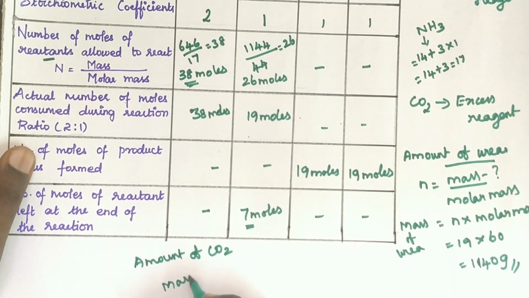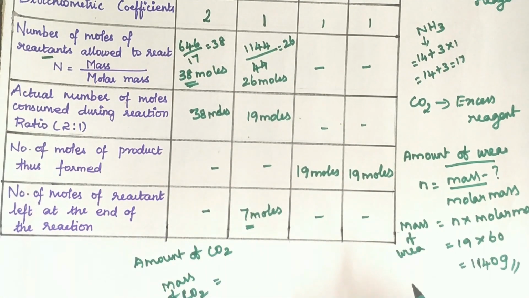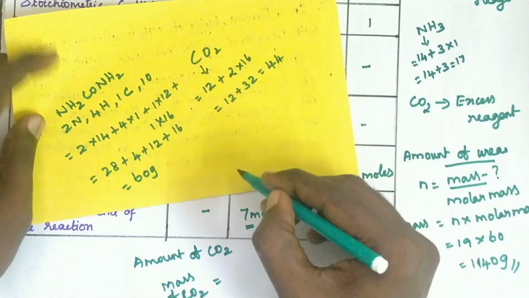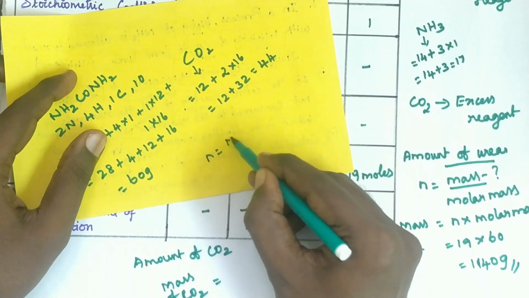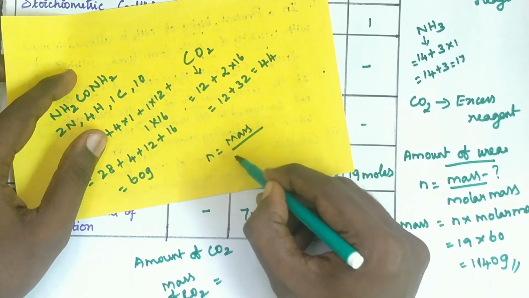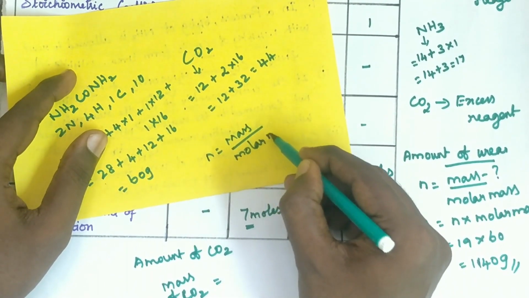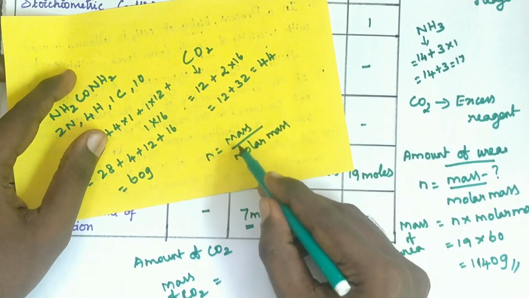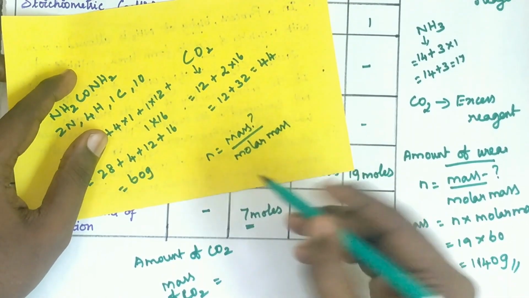Because the mole formula is N equal to mass by molar mass, and we have to find the amount, you have to find the mass.